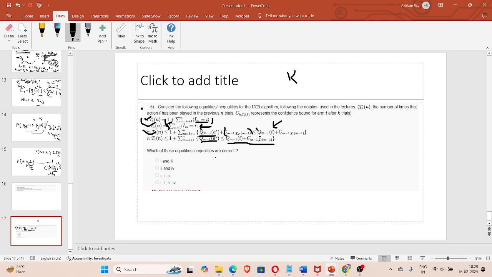That additional part, C m minus 1 T a star m minus 1, is not in the fourth option.